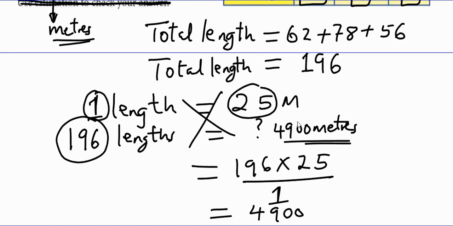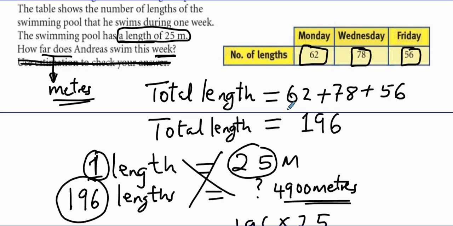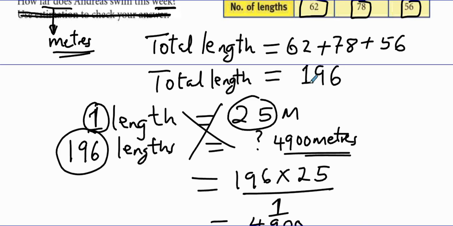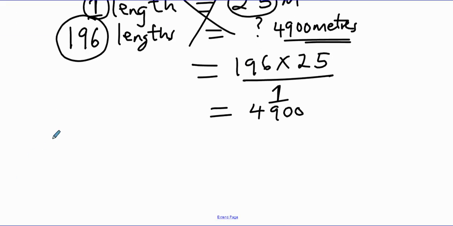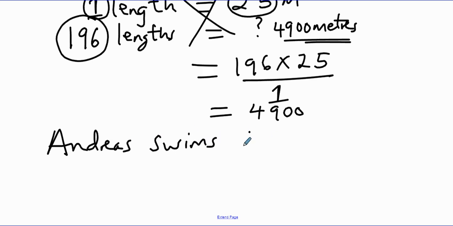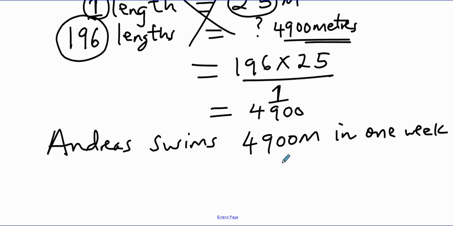So how far does Andrew swim this week? We say Andrew swims 4900 meters in 1 week. So you end here. That is the final answer.